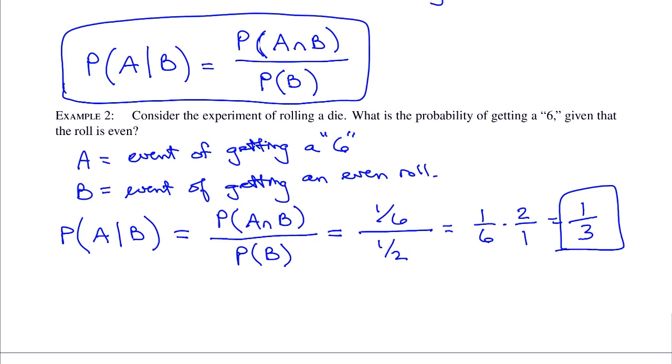Oh, no, just 6. Okay. Just the 6, because A says it has to be a 6. B says it has to be an even one. So with the A, you get the 6. With the B, it's 2, 4, and 6. But the only one that's in both is just the 6. So it's 1 out of 6. And then the probability of B is 1/2, because that's 2, 4, and 6, as opposed to 1, 3, and 5.